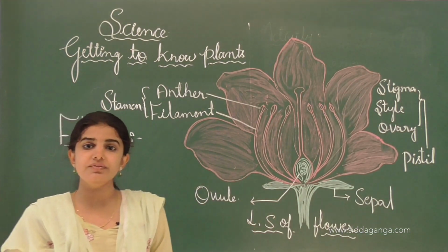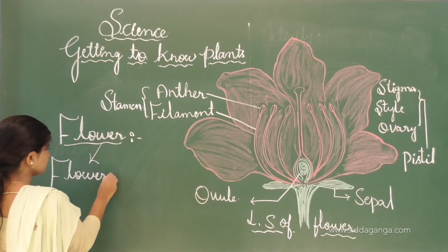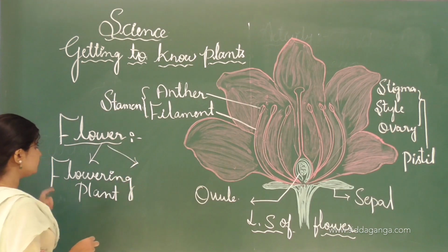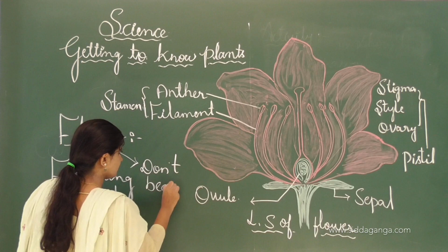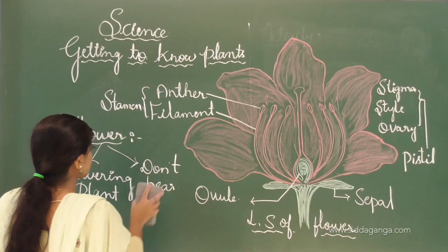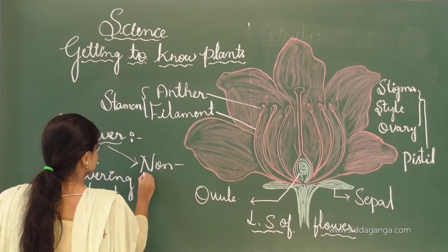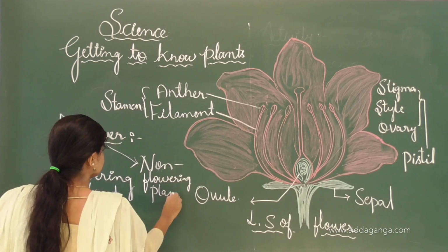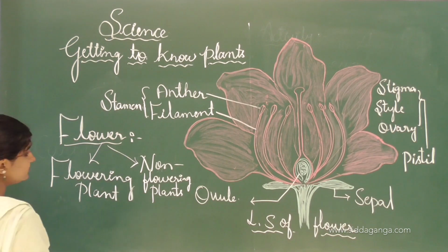Those plants which bear flowers are called flowering plants, and those plants which do not bear any kind of flower are called non-flowering plants.